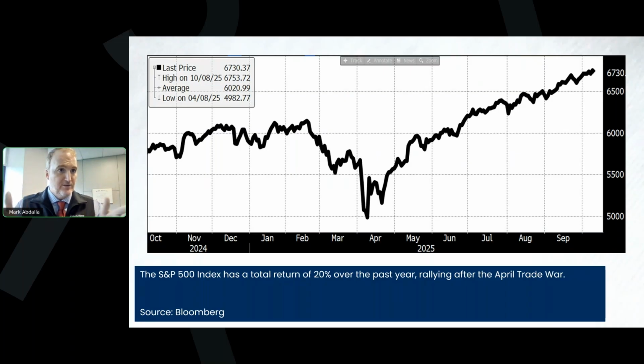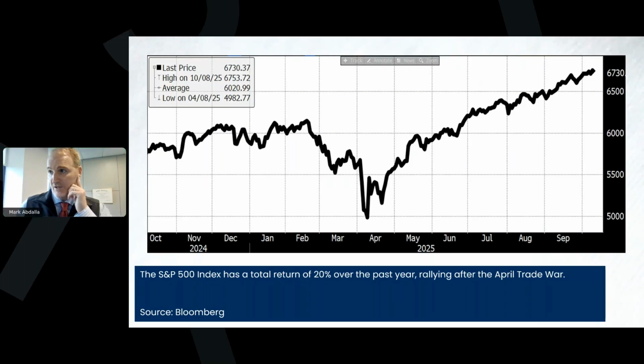And with that, utilities are a beneficiary because they generate electricity, they generate power for the consumer, but also for these data centers. And with that, the utility sector is up year to date 23%.